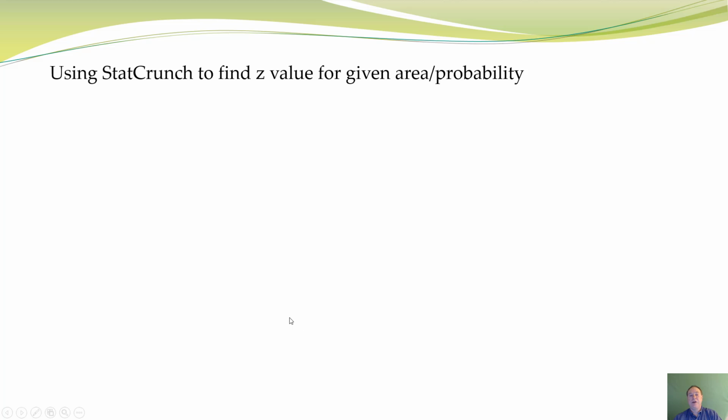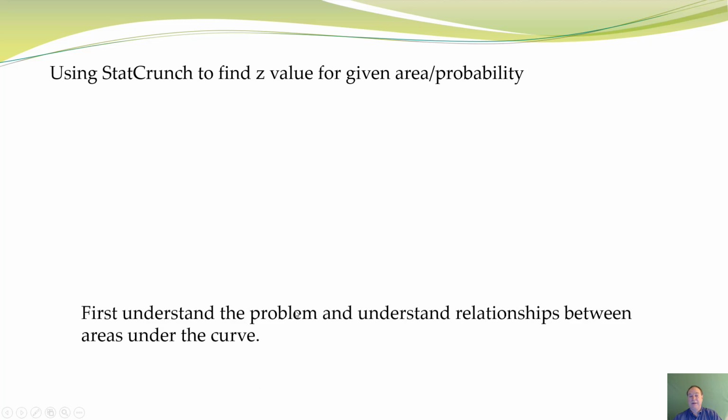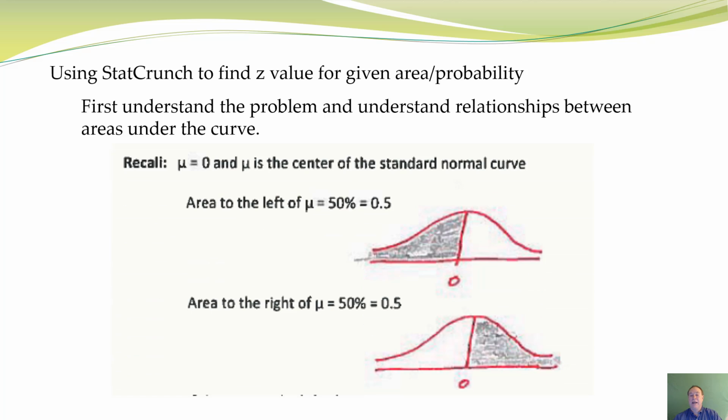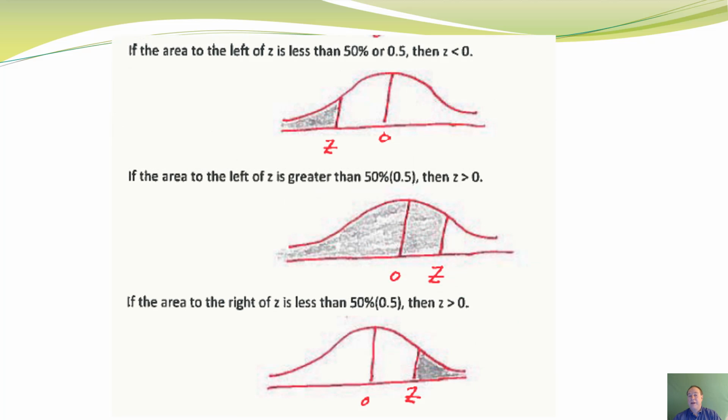All right, now continue using StatCrunch to find z-value for a given area or probability. First, understand the problem and understand relationships between areas under the curve. Recall that mu is 0, standard deviation is 1. So the area to the left of the mean is 50%. The area to the right of the mean is 50%. Also, if the area to the left of z is less than 50%, or 0.5, then z is less than 0.